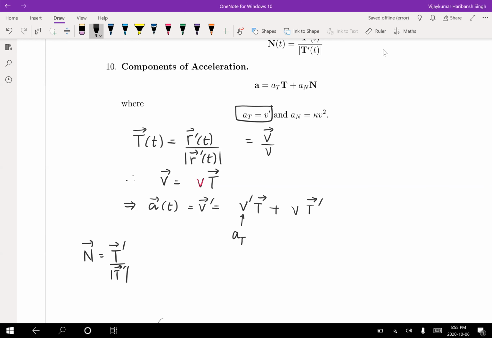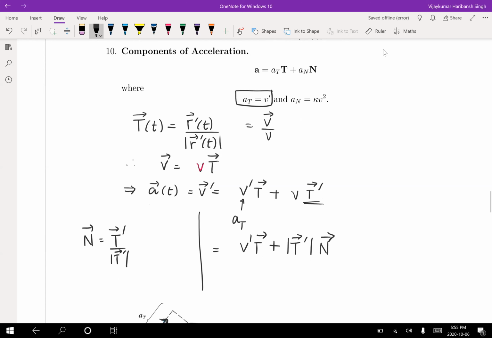Because I want to write this guy, this becomes the following: v prime T plus, instead of N, since N is T prime divided by its length, I can replace this T prime by the length of T prime times N.